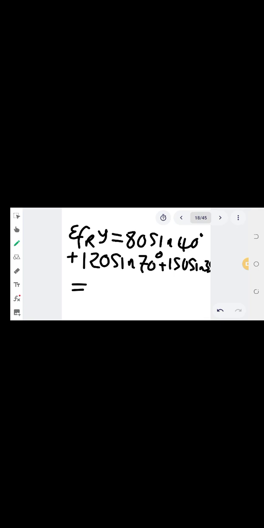Not sine 33 but sine 35. So let me just correct this. It is not visible, our board is very small. So this is simply 150 sine 35. Oh, I can maybe write it on.